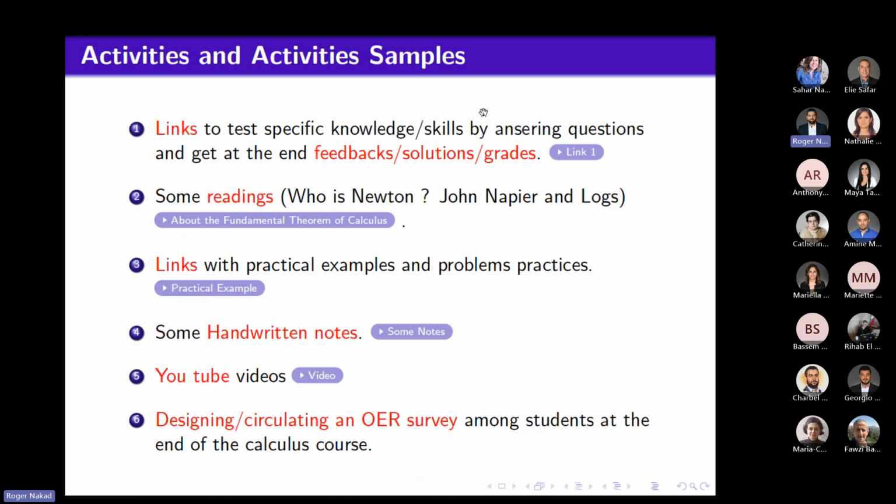What else has been done? Of course, we have introduced some OER readings to make math fun. As examples: who's Newton, what is log, what is exponential, and so on. I have a list of samples that I'm going to show you. We have, of course, used some YouTube.